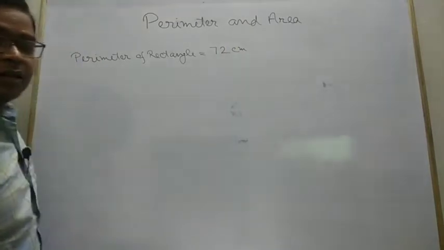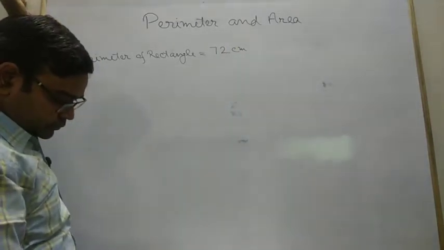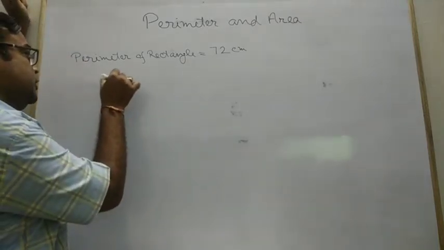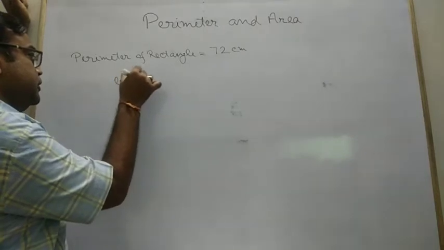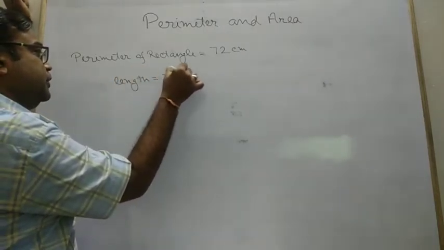Sometimes I use the word near about. And it's given that length is 3 times the width, means length is 3 into breadth.